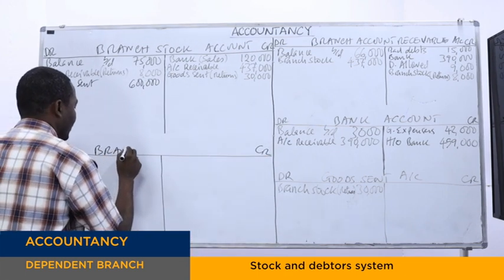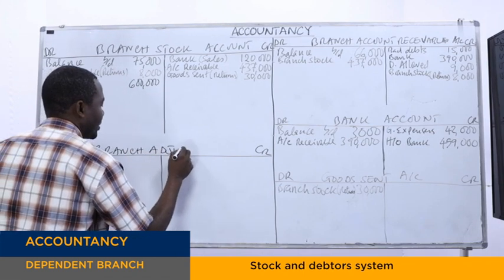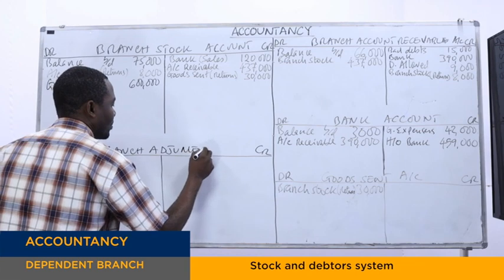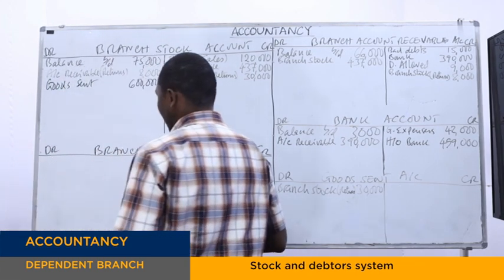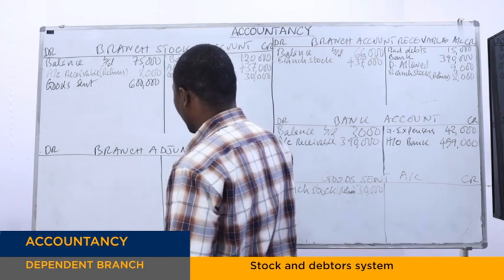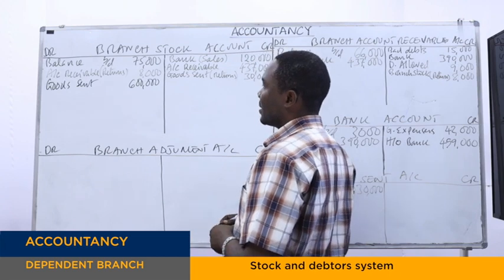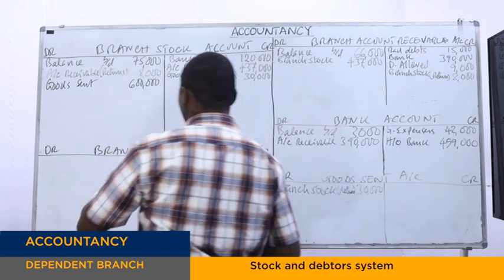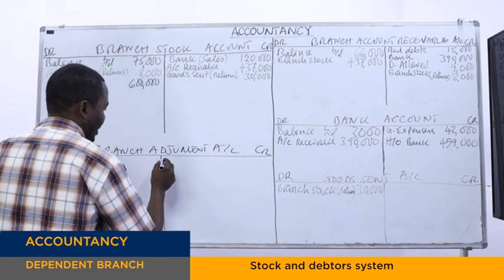That is the branch adjustment account. So far, before we recognize the 200 here, we need again to compute the unrealized profit in the opening balance.